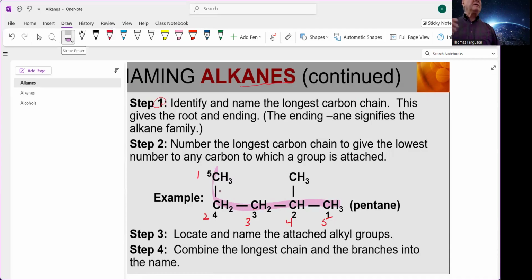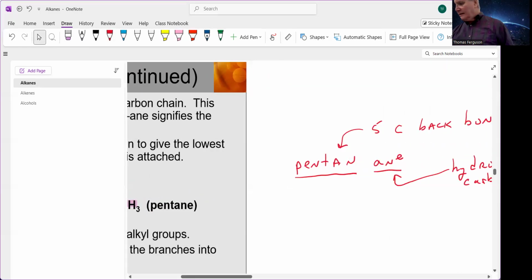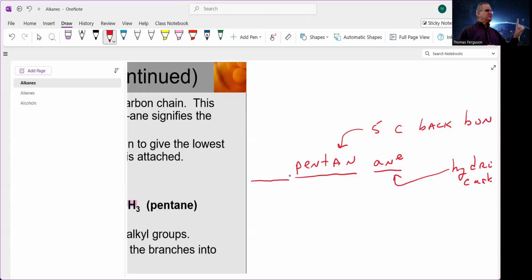Does everyone see why we're eliminating the red numbers? It gives us 4 rather than 2. So let's get rid of the red numbers. We're going with 2. So part 3 is right here. What is the carbon number that the 1 carbon came off of?